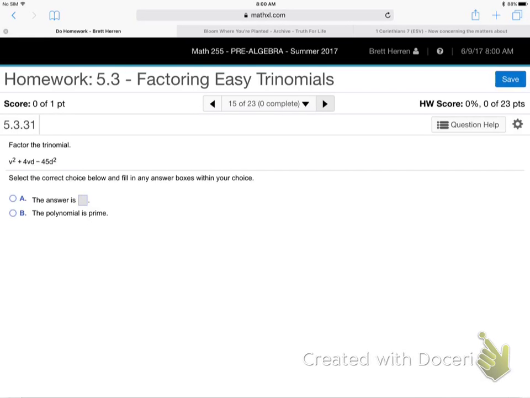All right, let's try this one. V squared plus 4vd minus 45d squared. Okay, so try that one too. Parentheses.